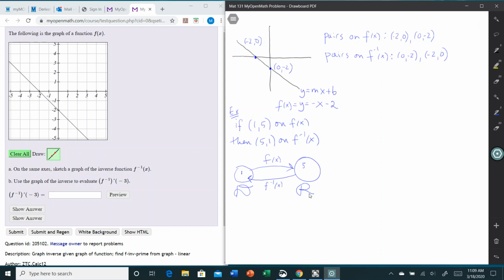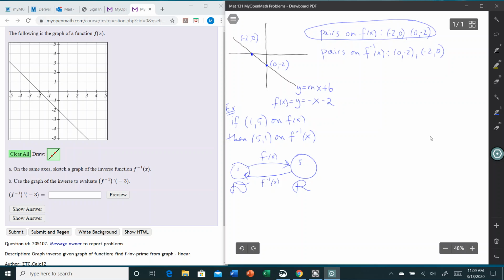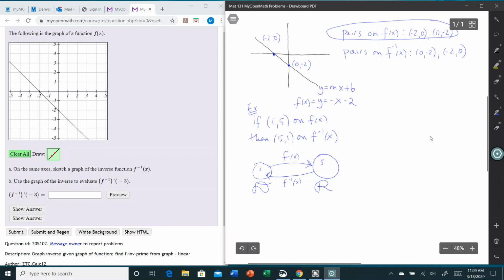So for this particular example, I just indicated these two points, since it's so easy to see them. This point is the ordered pair -2, 0, and this point is the ordered pair 0, -2. Since those two points are on f of x, the pairs on f inverse of x will just be the reverse of these.